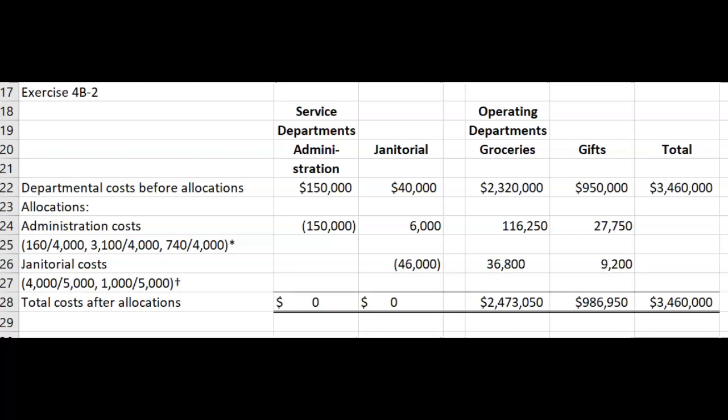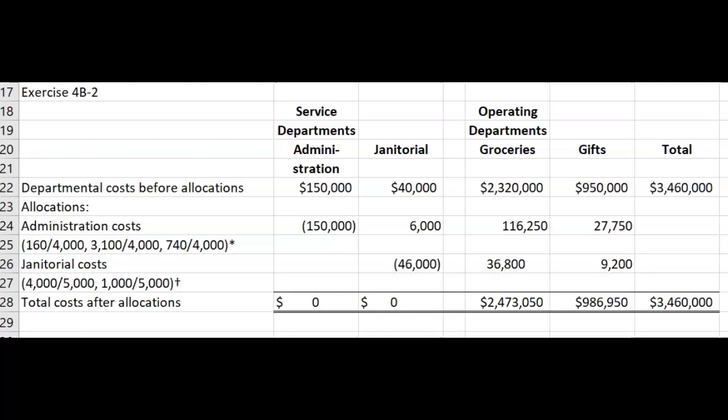So in this case, admin provides more services than janitorial does. So service department cost will be allocated to janitorial for the service department, and to the operating departments, groceries and gifts. Now they tell us that the allocation of administration would be based on employee hours.